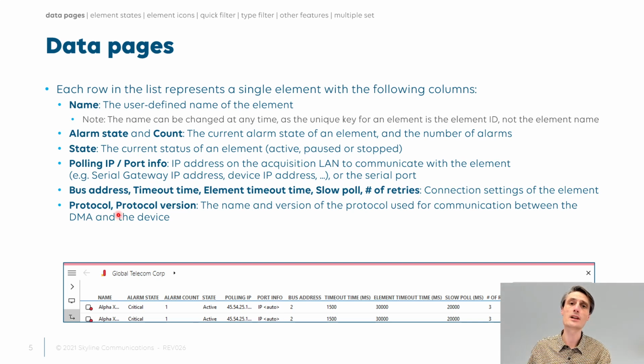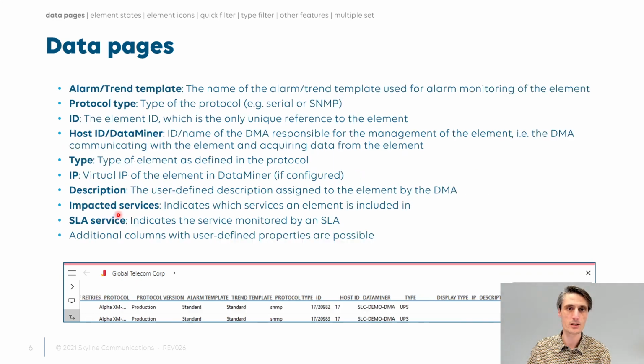We also have the protocol and the protocol version that is immediately indicated. So the driver basically that is being used for this specific element. Combined with the alarm and trend template that is indicated, the alarming and the trending. The type of protocol is something that is specified inside the driver. For instance, in this case, it concerns UPS devices.